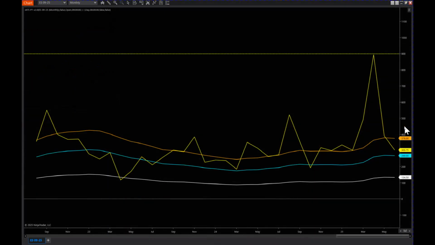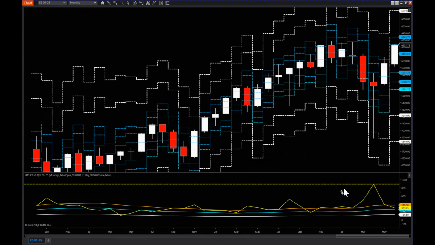Let me restore this so that you can see the points and levels. So these were the monthly points, right? So it's showing you that we have 300 points currently in the market for this month. If you measure top to bottom, you'll see it's 303.75 points.